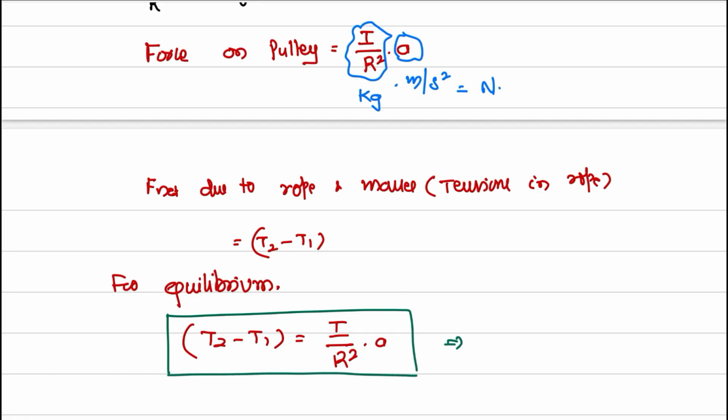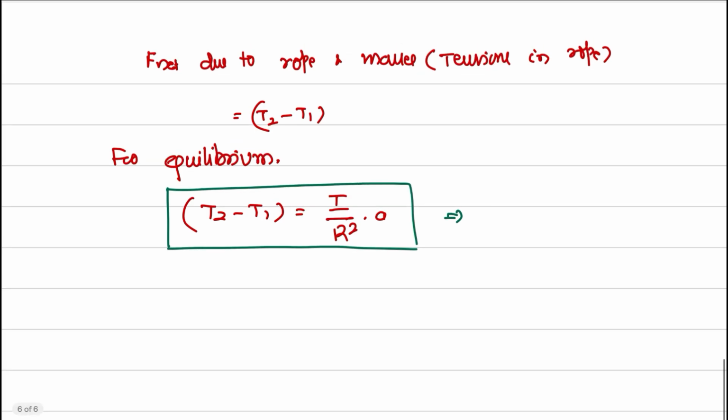Which implies, what is T2? W2, sorry, we'll change the color of the pen. W2 minus M2A minus W1 plus M1A.